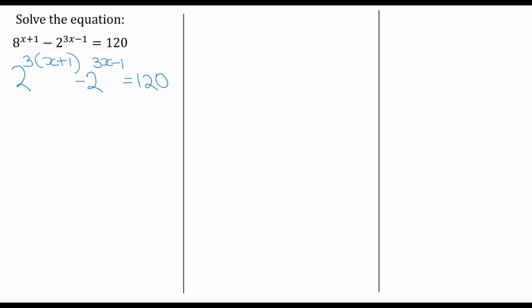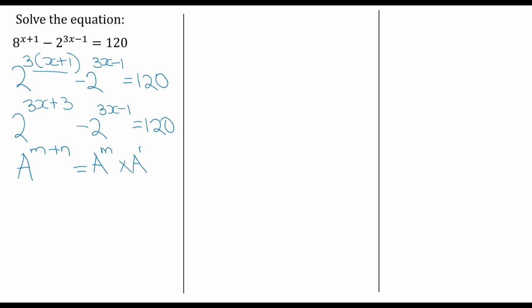Next, let's expand this particular section. You'll have 2 to power 3 times x, 3x plus 3 minus 2 to power 3x minus 1 is equal to 120. Remember the two principles of indices that states a to power m plus n is equal to a to power m multiplied by a to power n, also written as a to power m dot a to power n.